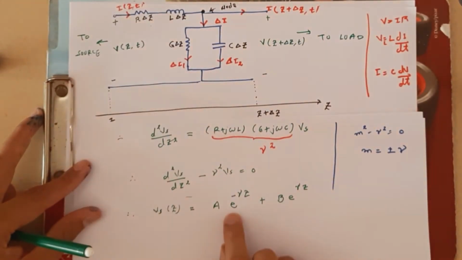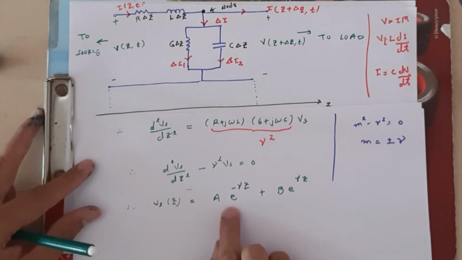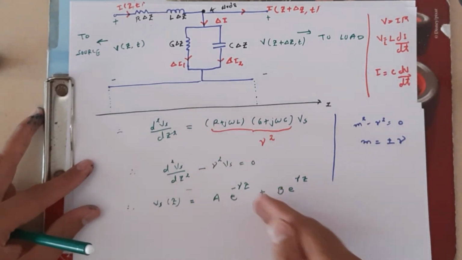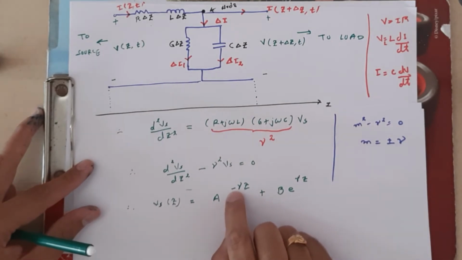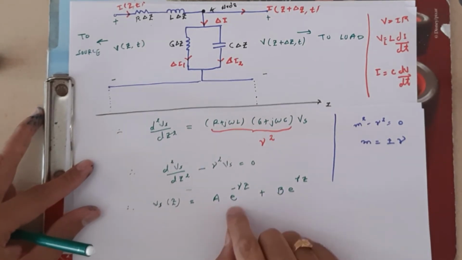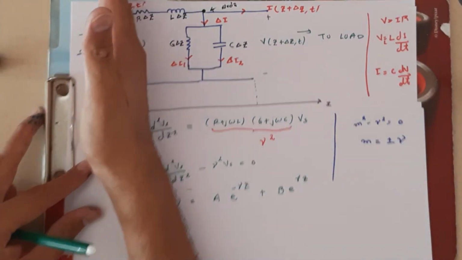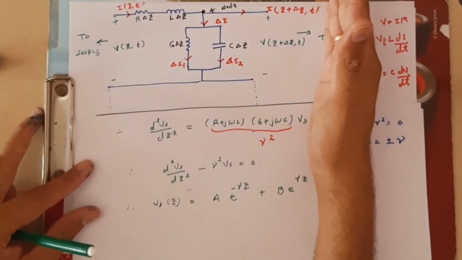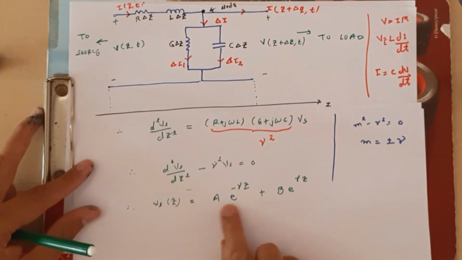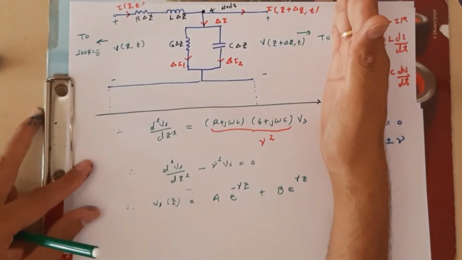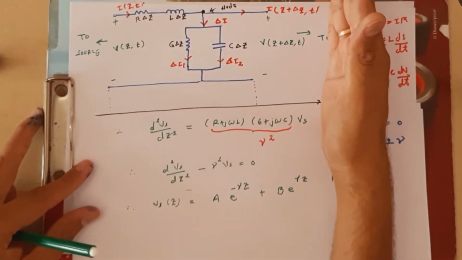See here, the first term e raised to minus gamma Z has a negative sign. Negative sign means the graph is exponentially decreasing. Decreasing means here it is 100 and then it becomes 90. So this term is from source to the load, that means positive voltage propagation.